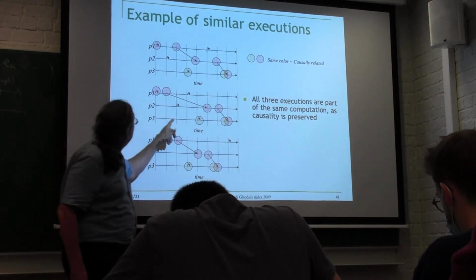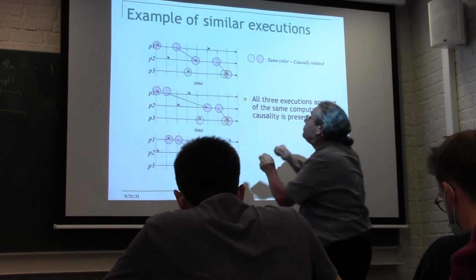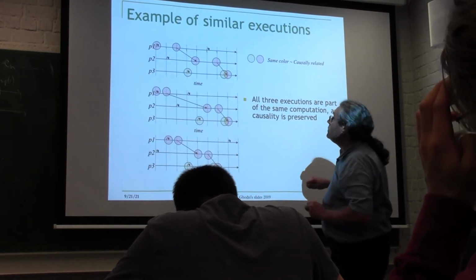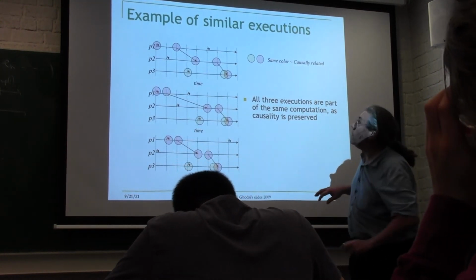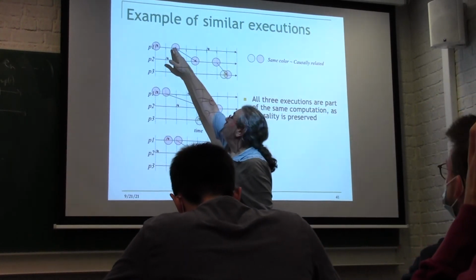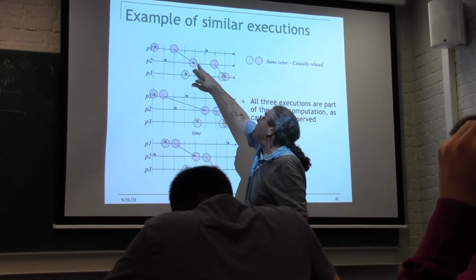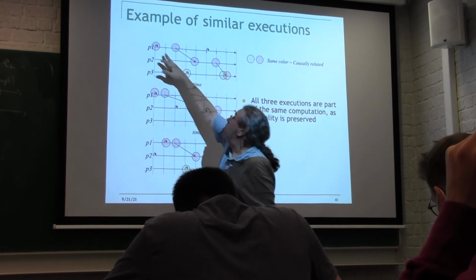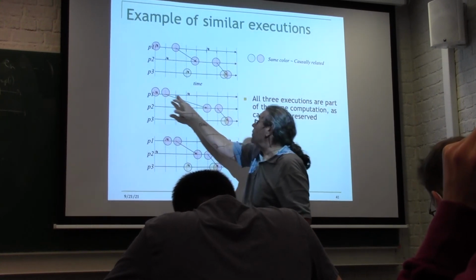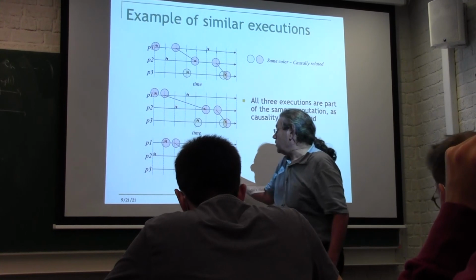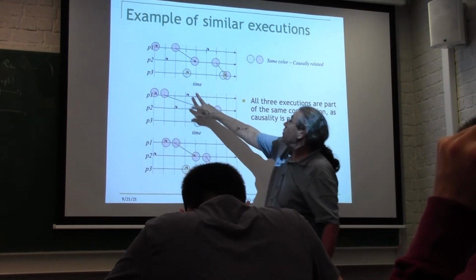You can see, for example, the concurrent events, we can flip them around. But the causally related events have to stay in the same order. So here, for example, this pink one has to be before this pink one. So this pink chain has to still be there in the same order. But some of the other ones, we can flip them.